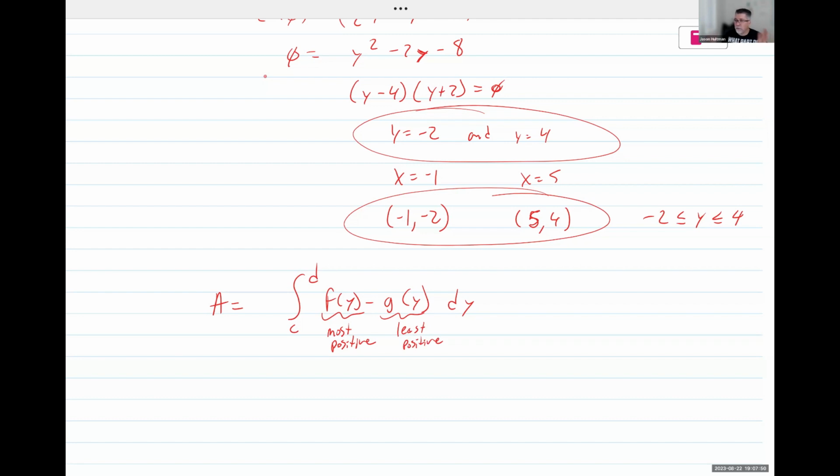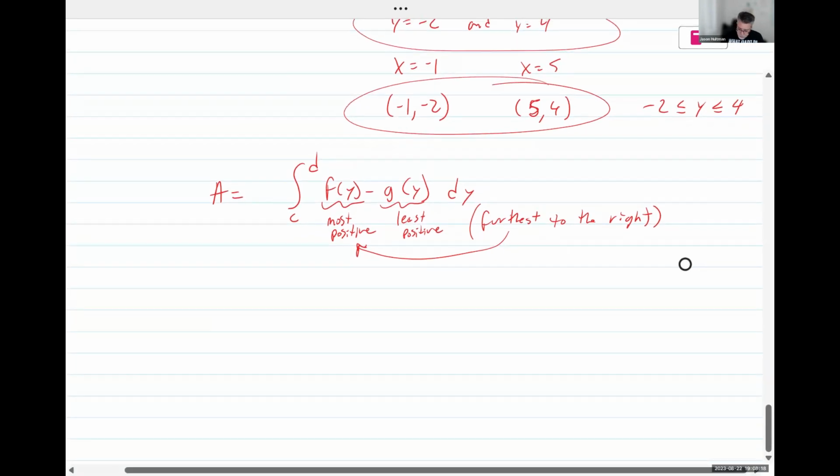It doesn't matter if they're both positive or both negative. But I want to know which one's the most positive, which one is furthest to the right. That's going to be the one that is most positive in a y-oriented graph.